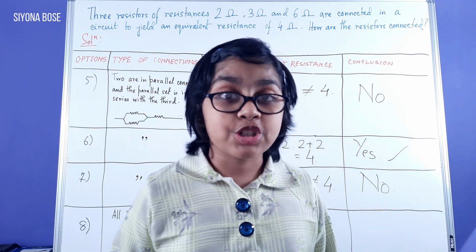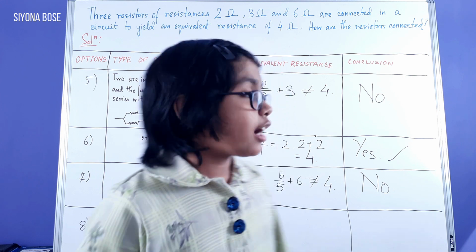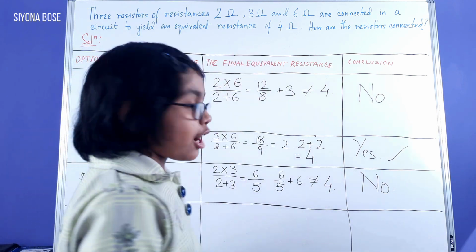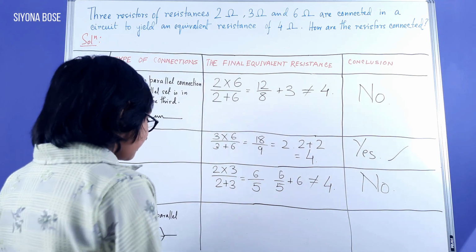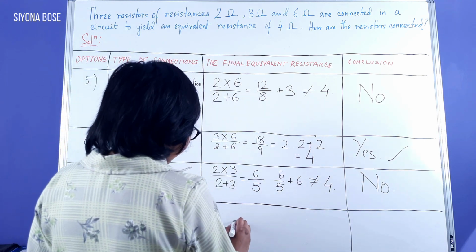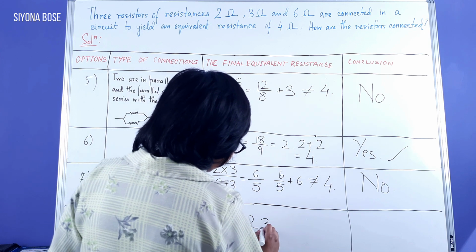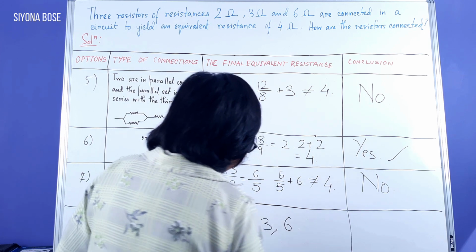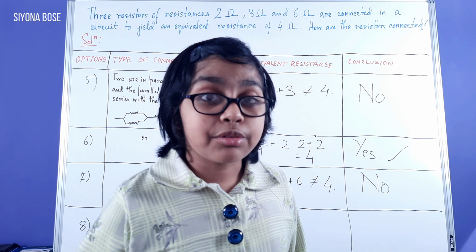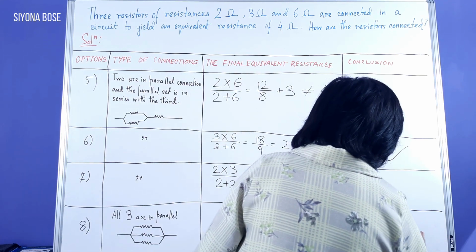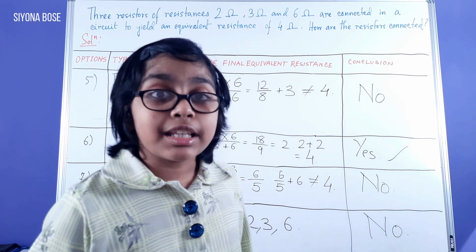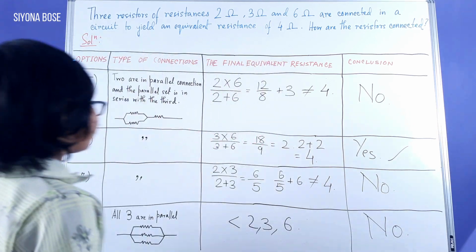It means everything is going to yield less than 2, 3, and 6. That means this also is a big no. It cannot be possible. That means our option is 6.